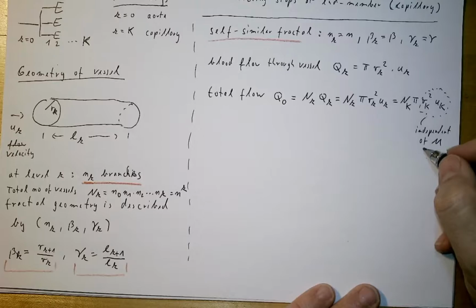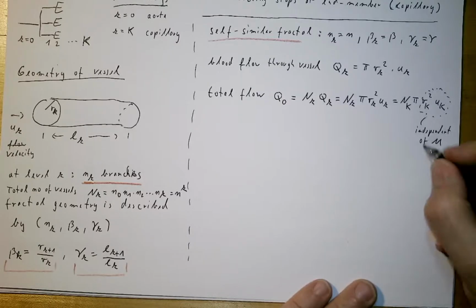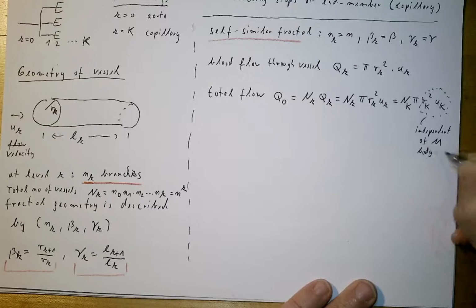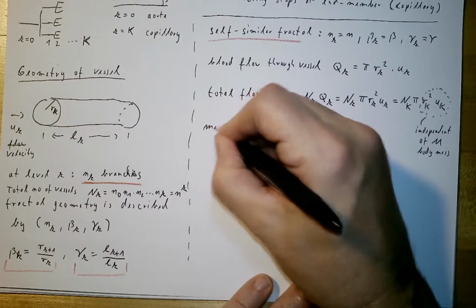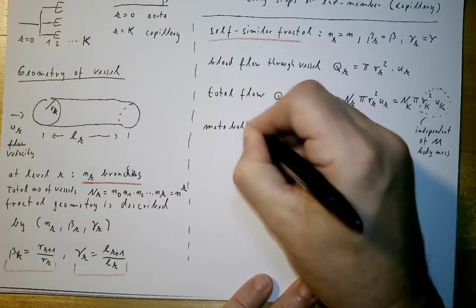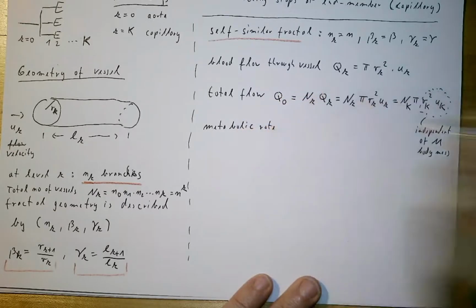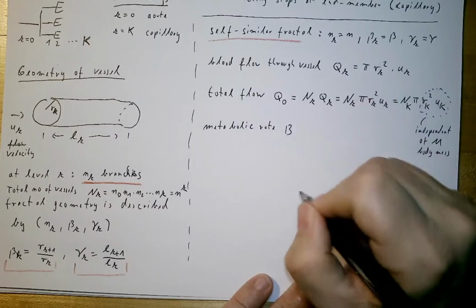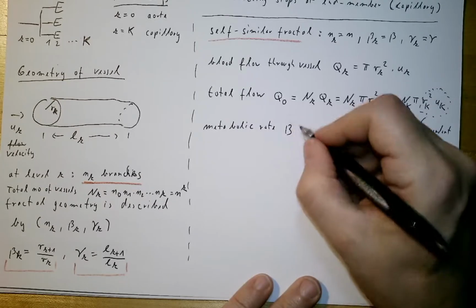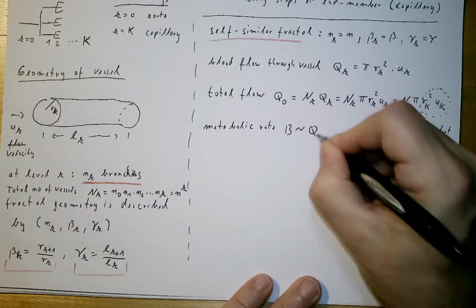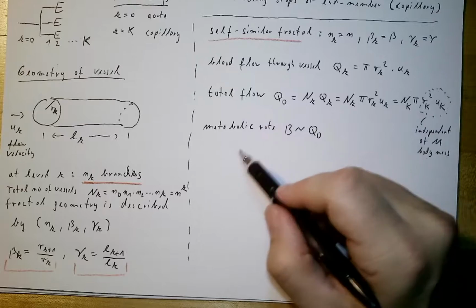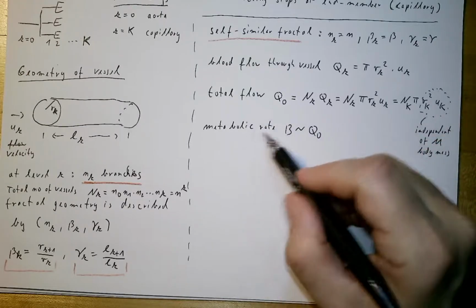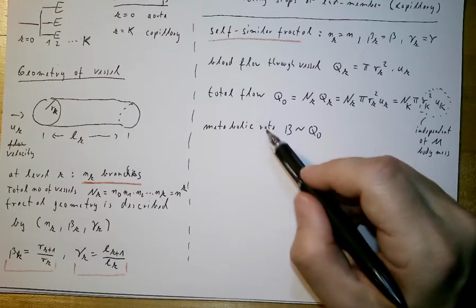Did I introduce this already? Not yet. M, that's the body mass. And now our metabolic rate B should be proportional to the flow in the aorta, because like we said, every metabolic activity in the body needs to be supplied by our fractal system.